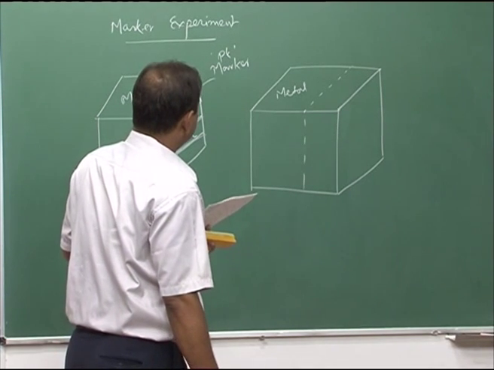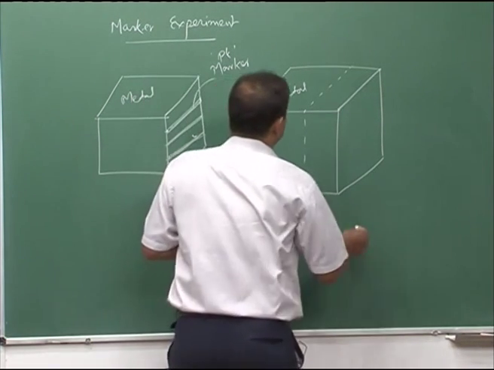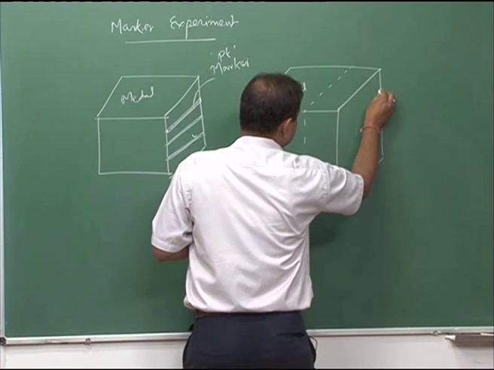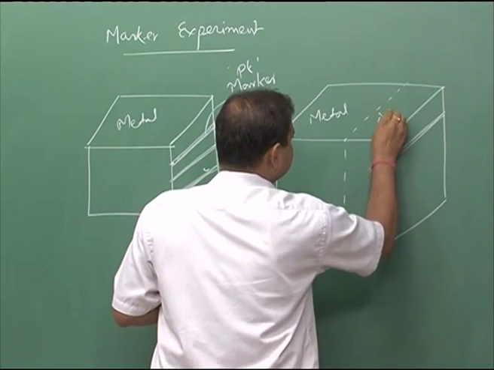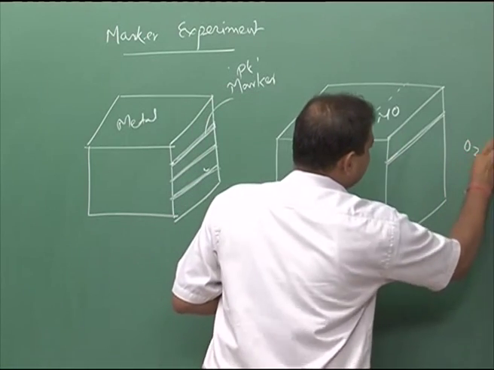Now, let us say after oxidation we see that the platinum wire is basically on top of this oxide layer, and now this is MO and this is O2 gas.